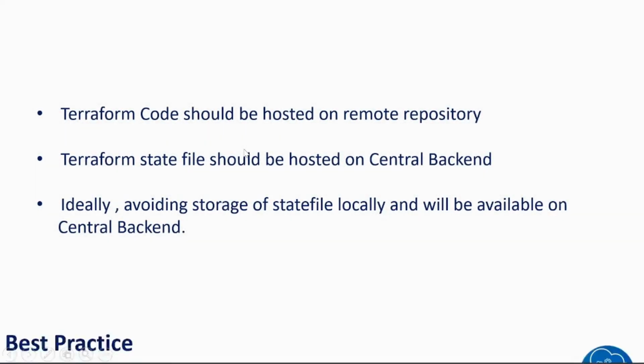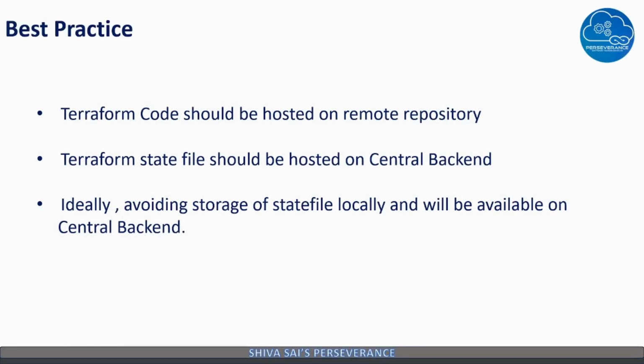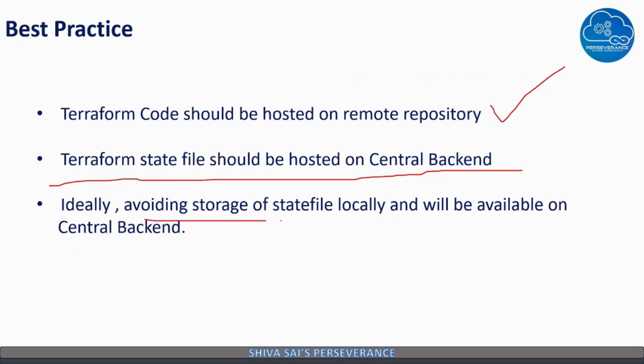A Terraform remote backend means the Terraform code, meaning the .tf files and anything as such, will anyway be hosted on a remote repository. But the state file should also be hosted on a centralized server or centralized location. So ideally we avoid storing the state file locally, and it is available on the central backend.